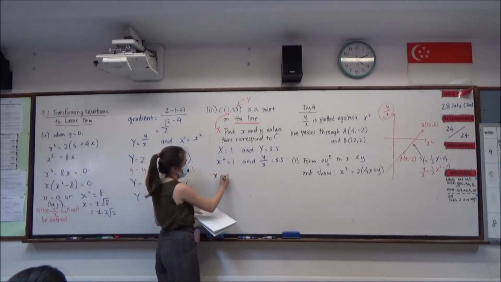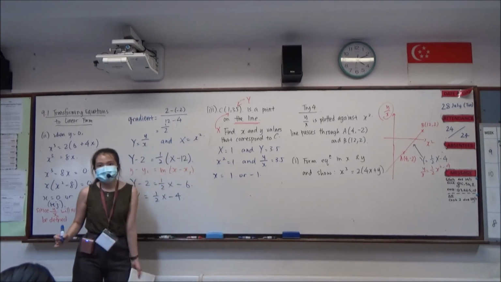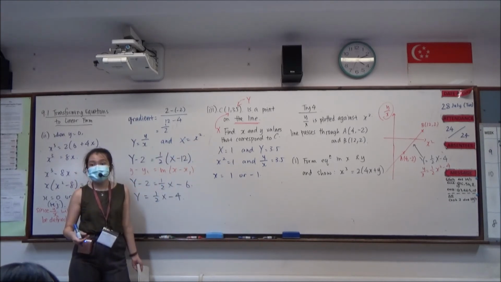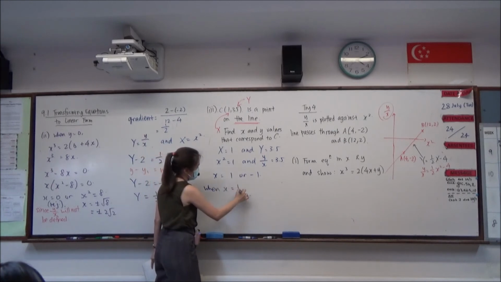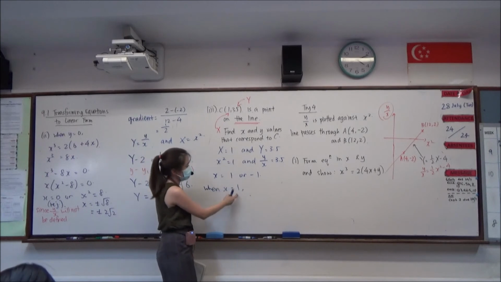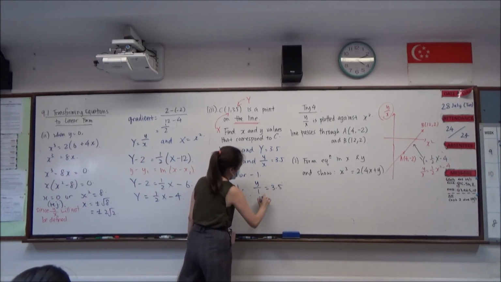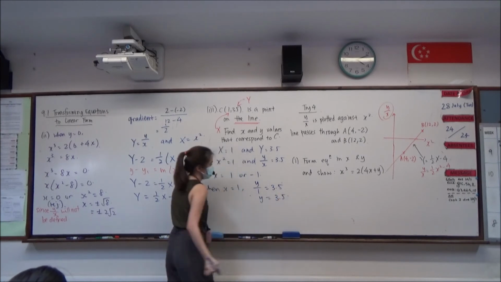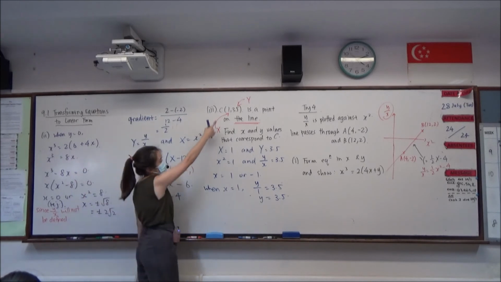We get x equals positive 1 or negative 1. Then we can find the corresponding small y. When x equals 1, y over 1 equals 3.5, so our small y will be 3.5. This is one case that could result in this point.